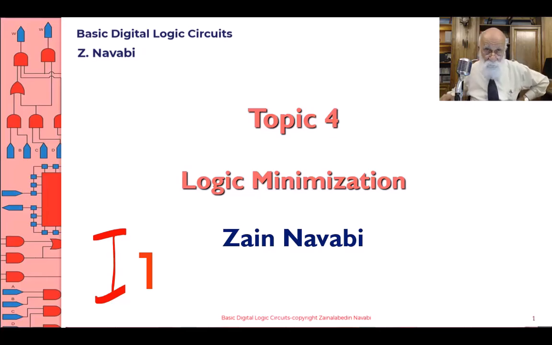We are continuing with the concept of logic minimization and utilization of Boolean algebra and Karnaugh maps for looking at the circuits more deeply, optimizing them, and so forth.